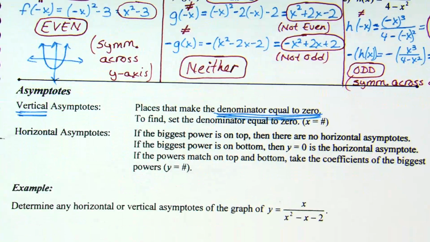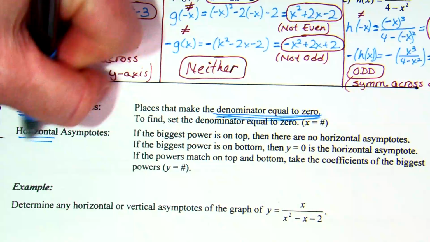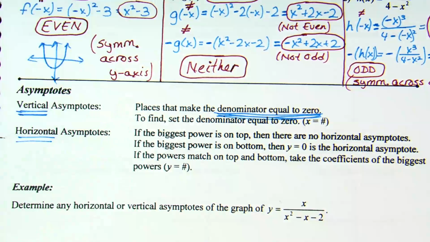Now, remember, if that denominator then cancels with the numerator, okay, that's a hole instead of an asymptote, but this is how we find it. Horizontal asymptotes. We had this in Algebra 2, guys. When it came to quiz and test time, I know there was a paper that I have rules on for you. Don't count on that this year, but you did have that last year.